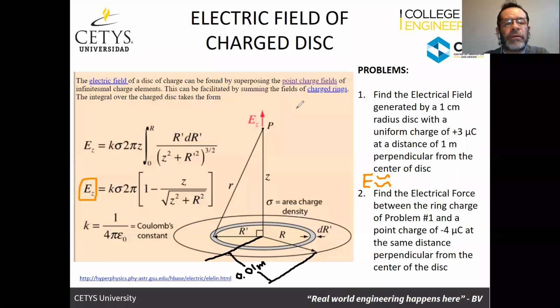This would be the value of R, the radius of the disk. The point that we're analyzing is located at 1 meter distance from the center.